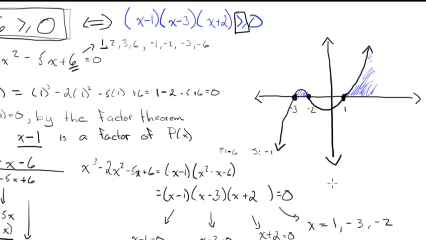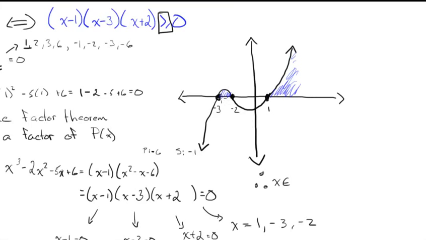So therefore, x is in the intervals from negative 3 to negative 2. We're going to include negative 3 and negative 2 because they make it equal to, or from 1 to infinity.